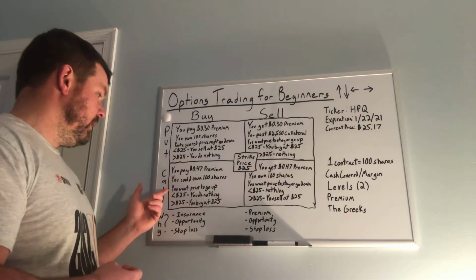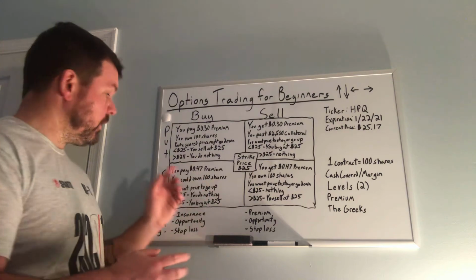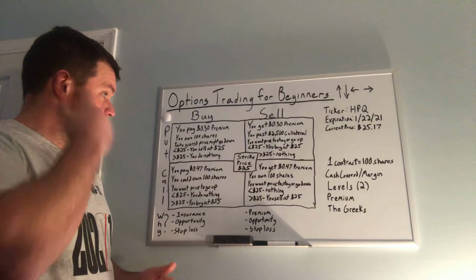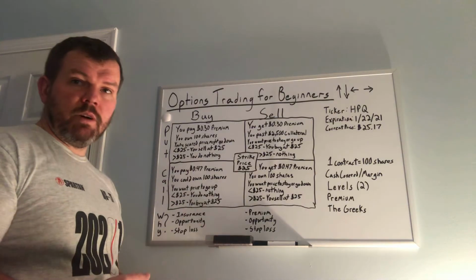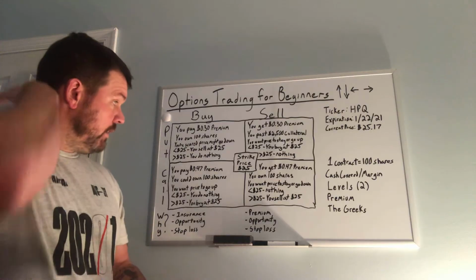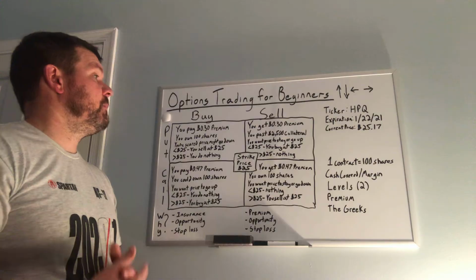As you can see, less than 25 on Friday, you do nothing. Greater than 25, you would buy it. So that's it. So obviously, if Friday comes and it's less than $25, the stock price, nothing happens. You do nothing. You just lost $47. But again, that's worst case scenario.